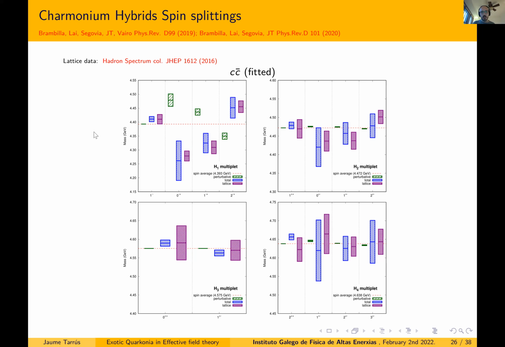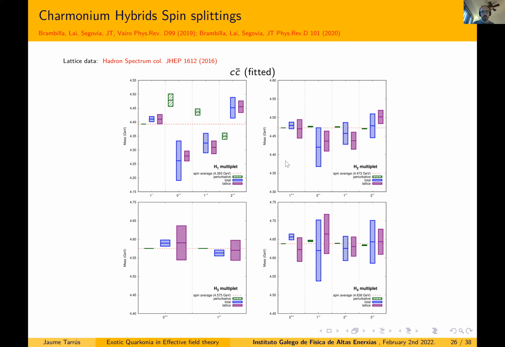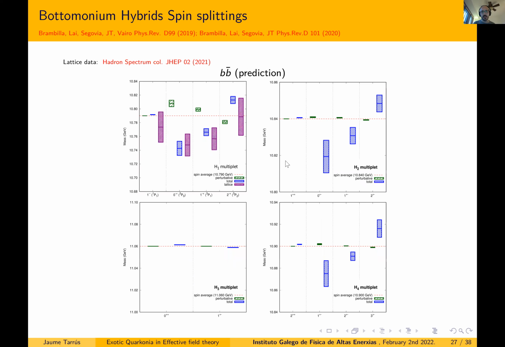Once you have determined these non-perturbative constants, what one can do is apply the same computation to the bottomonium hybrid sector. Again, these are the results here. These are bottomonium hybrid states grouped in terms of spin symmetry multiplets.